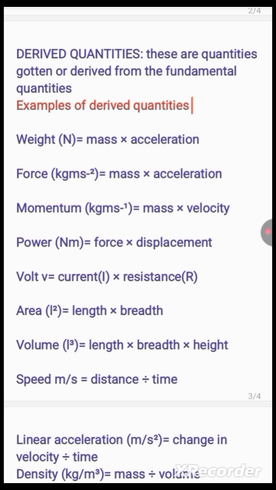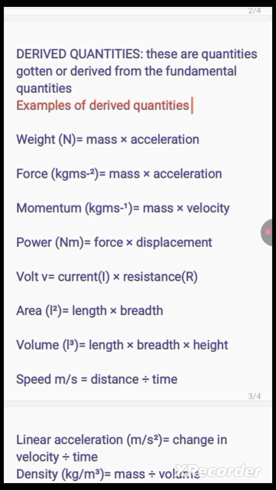For instance, I punch you with my 2 kg hand at an acceleration of 9 meters per second squared, then my force would be 2 times 9 equals 18 Newton. Force is also in Newton, or you'd write kilogram meters per second squared.